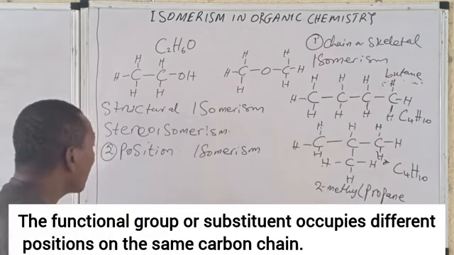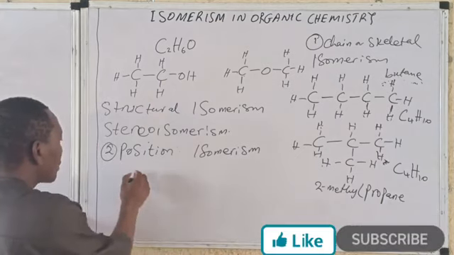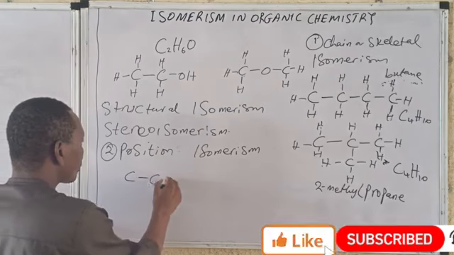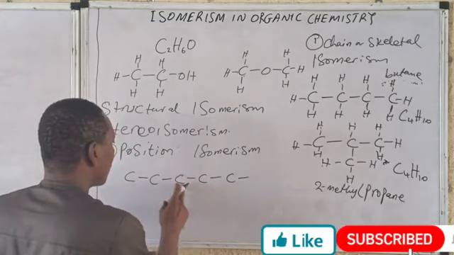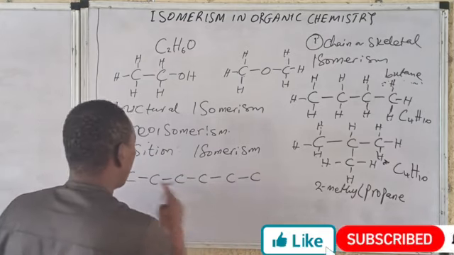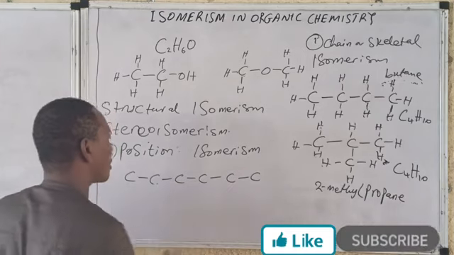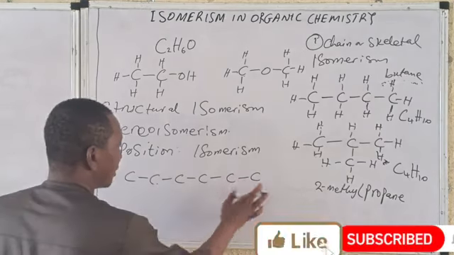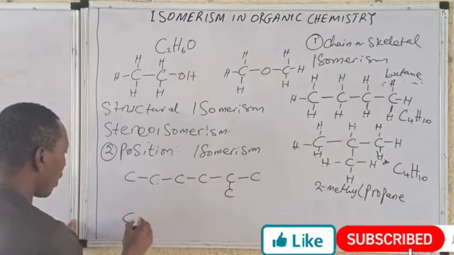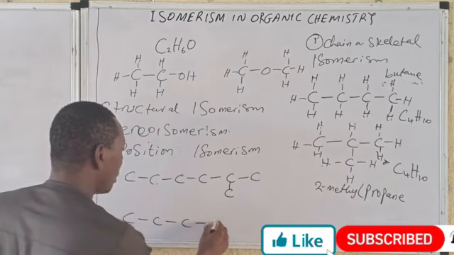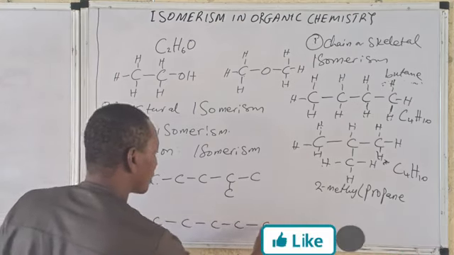For example, let's assume that we have this: 1, 2, 3, 4, 5, 1, 2, 3, 4, 5, 6. Okay, we now have a carbon chain here. I'll have another 1, 2, 3, 4, 5, 6.